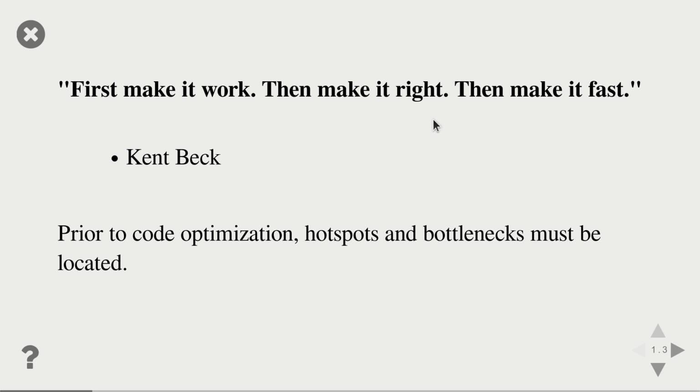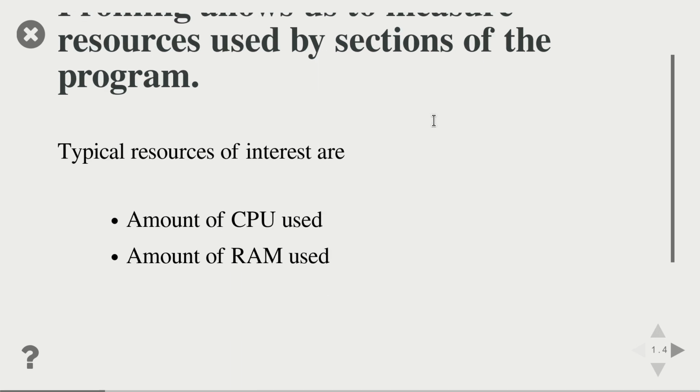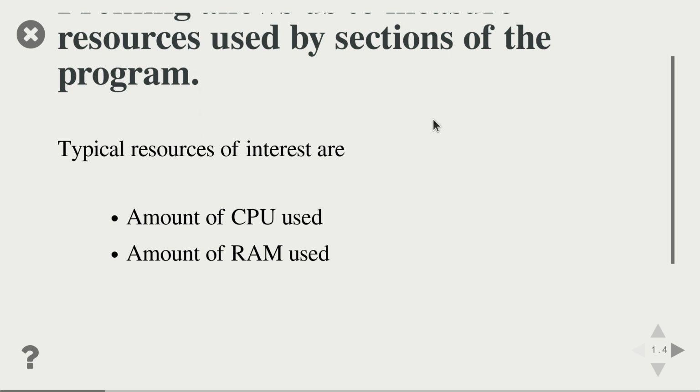In order to optimize, we need to identify the slow parts of your code. Profiling allows us to take certain parts of your code and measure them in terms of resources being used. Time is a very common resource, how much time is spent in a specific part of the code, but it's not the only one.